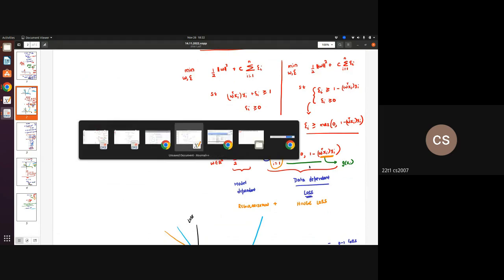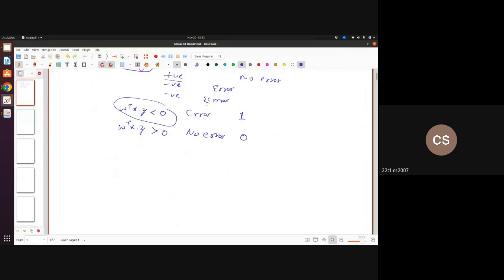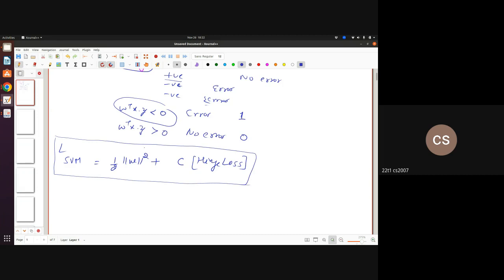So the loss in case of SVM is half of the square of L2 norm of W, plus C into this quantity, which is precisely your hinge loss. This equation represents your SVM loss. Now, this particular term is what is doing regularization here.